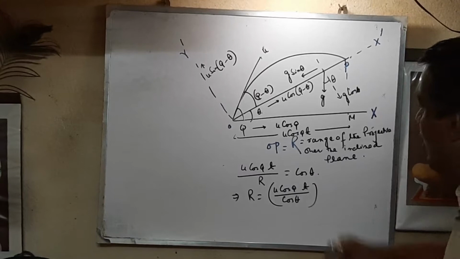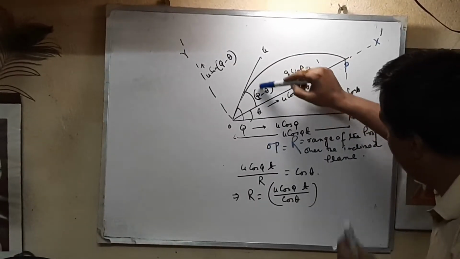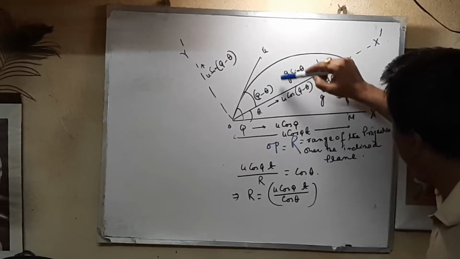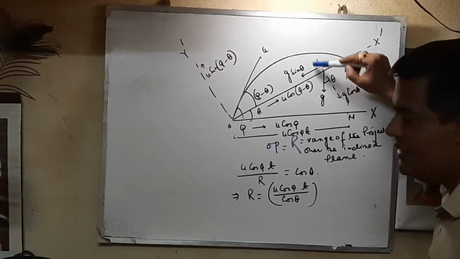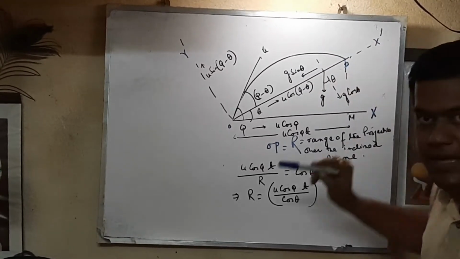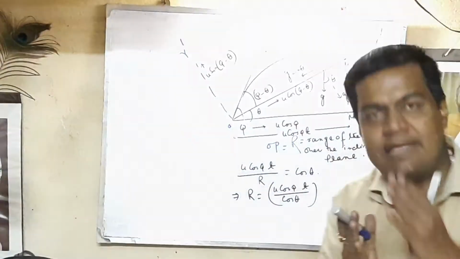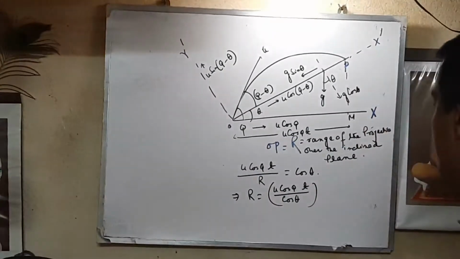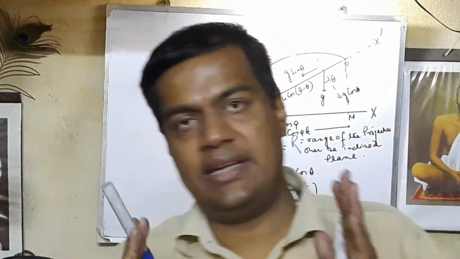Because as we approach along this curve, the vertical displacement increases up to some value of x dash, then it decreases. At the point P, where the projected body strikes the inclined plane, the vertical displacement of the body with respect to the inclined plane is 0. So after t seconds, the vertical displacement with respect to the inclined plane is 0.